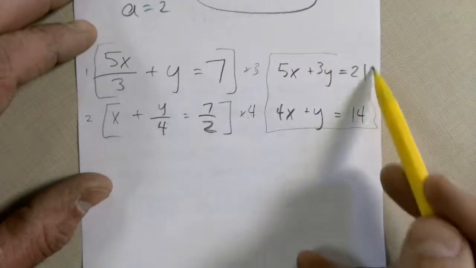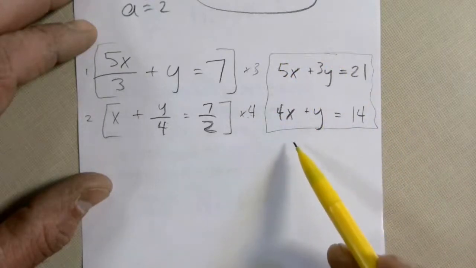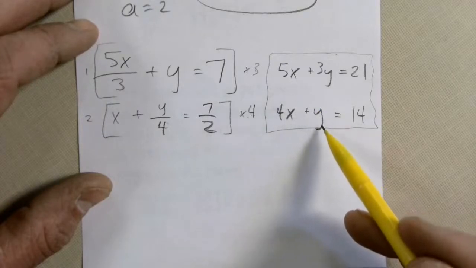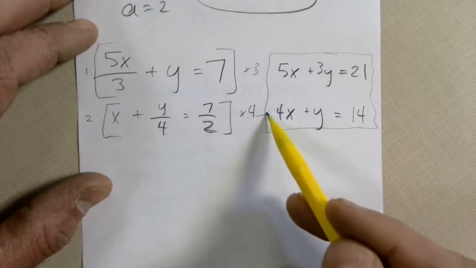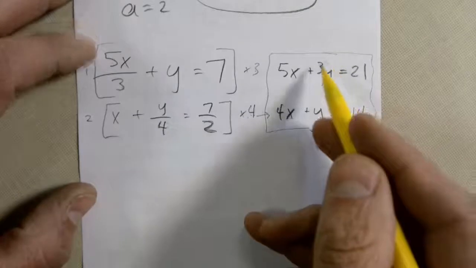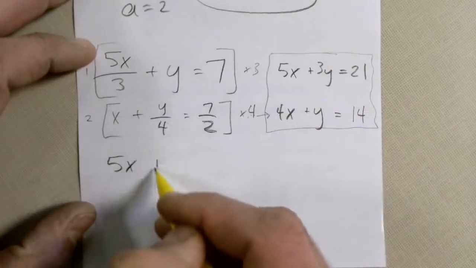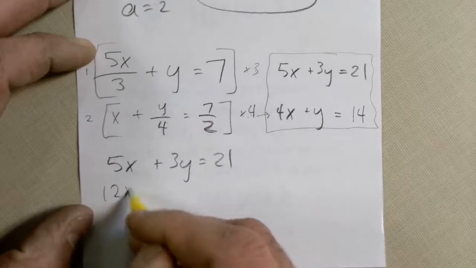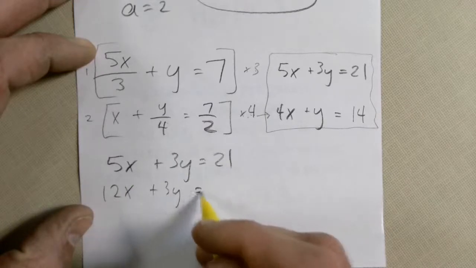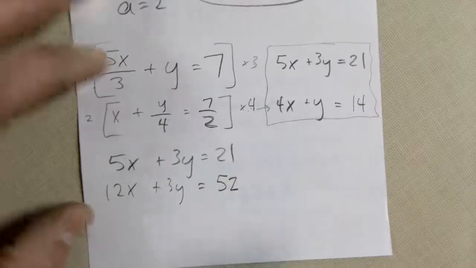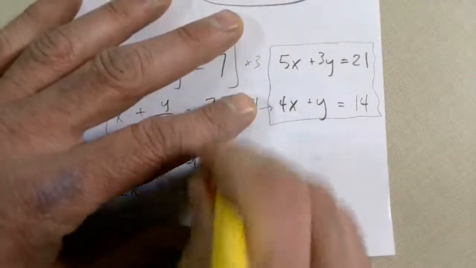When we have these, we look to see which variable we should work to eliminate. And I would suggest we eliminate the y variable, because all I need to do is multiply the second equation by 3. So I'm going to rewrite the first one just for ease of work. And then I get 12x plus 3y equals 42.